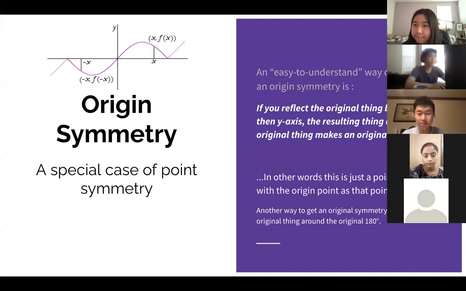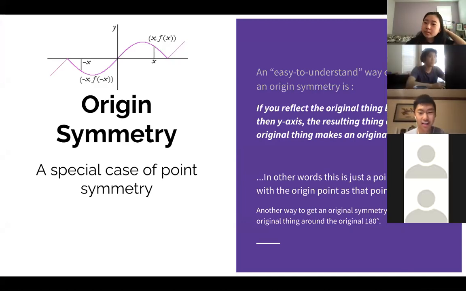So this next origin symmetry is very similar to what I talked about a couple seconds ago about point symmetry. Origin symmetry is a special case of point symmetry. As we all know, the origin is the point (0, 0). It's the point in the middle of the XY graph.